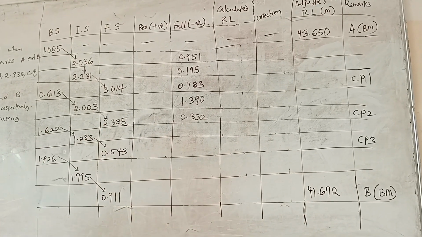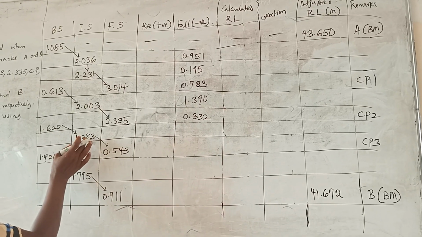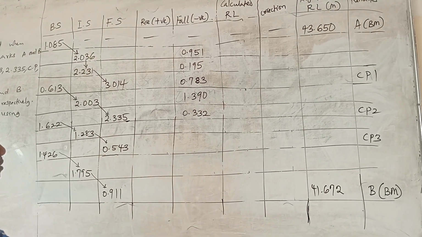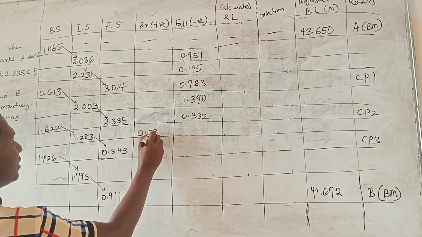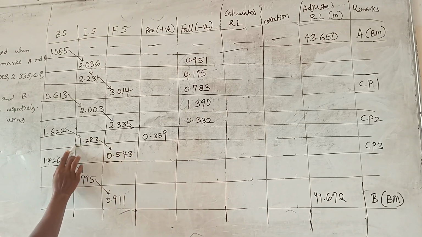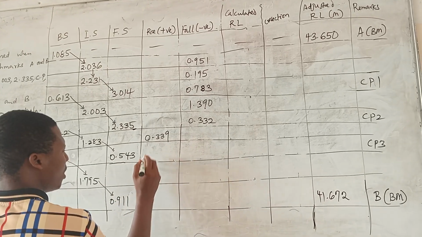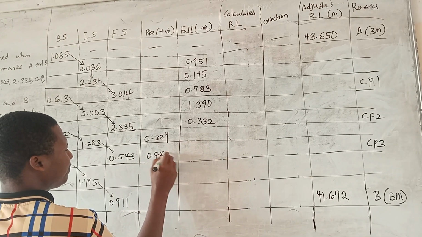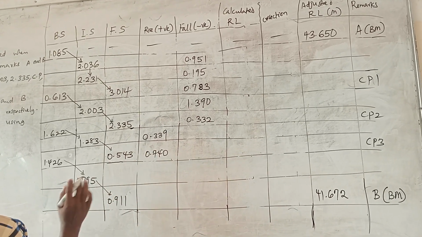So we move to the next setup. So 1.622 minus 1.283. That one is positive, so you write it under rise. That is 0.339. Alright, so then the next one is this value minus this one. It's also positive. We write it under rise. And okay, we are done with this setup as well.